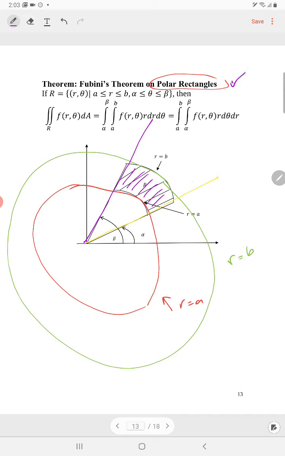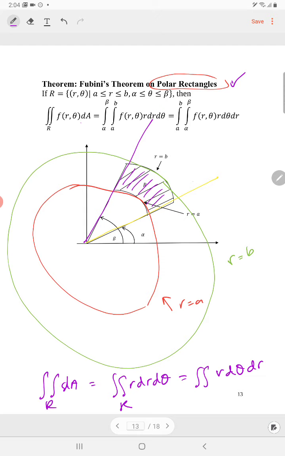So if it's a polar rectangle, the order of integration, remember dA is r dr d theta, or r d theta dr. So here, if your region is a polar rectangle, then the order does not matter. You can integrate with respect to r first and then theta, or theta first and then r.